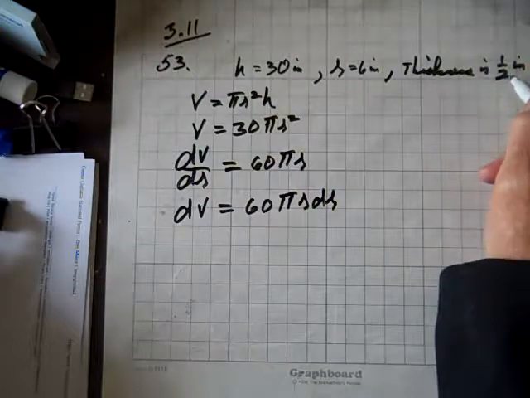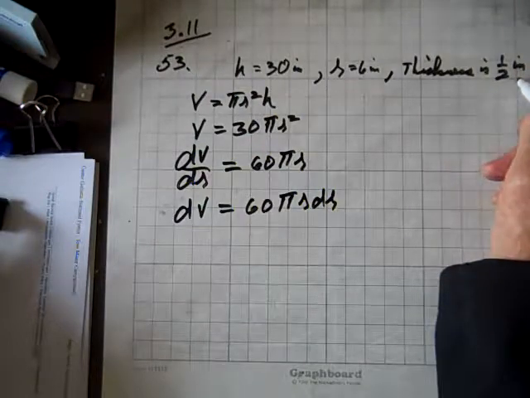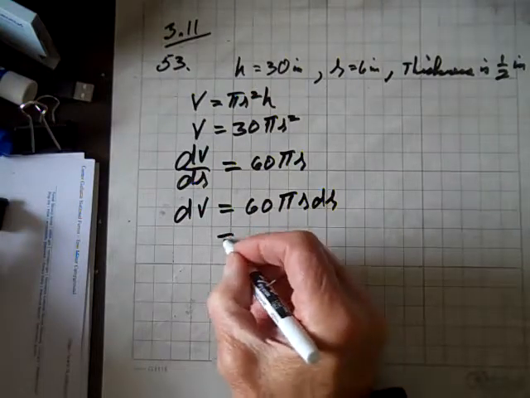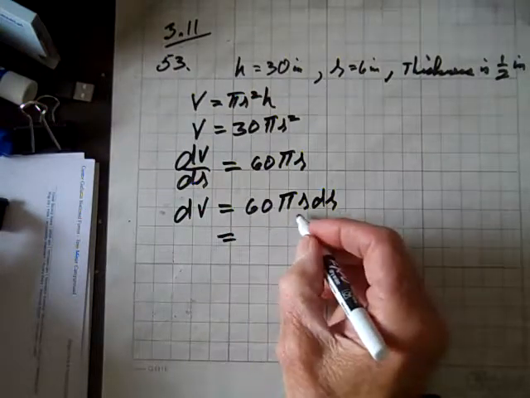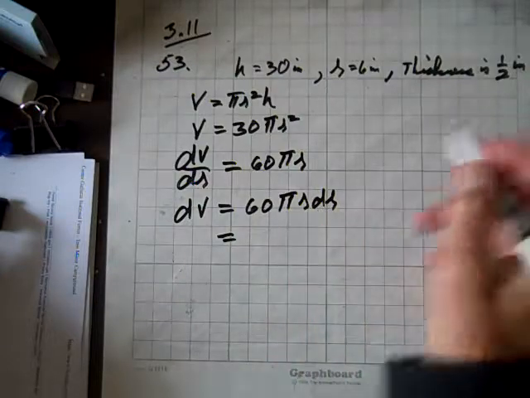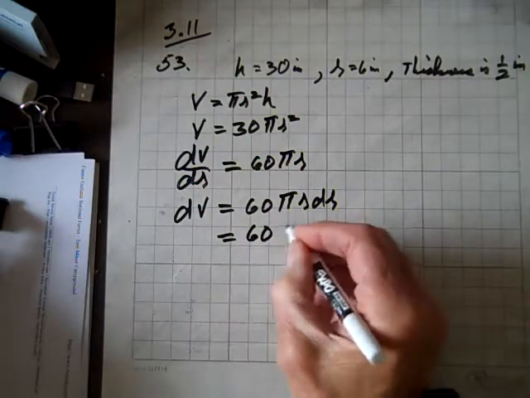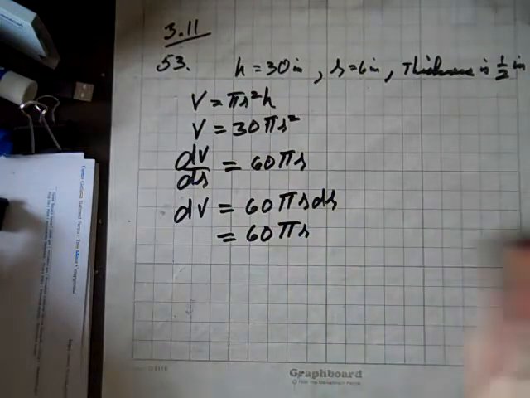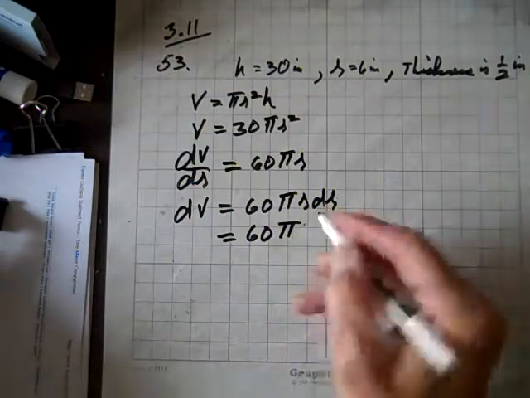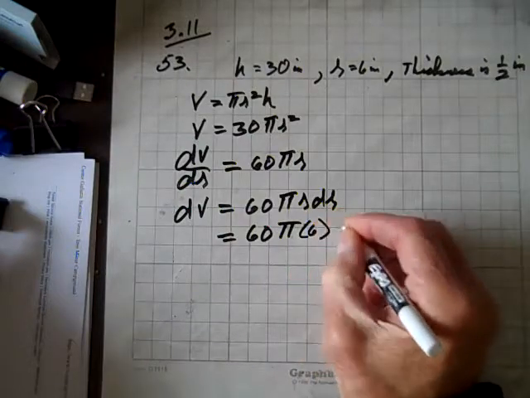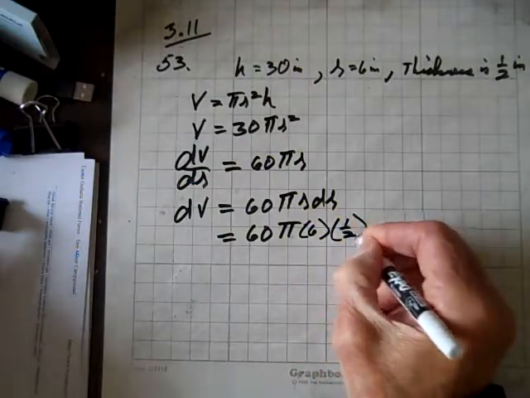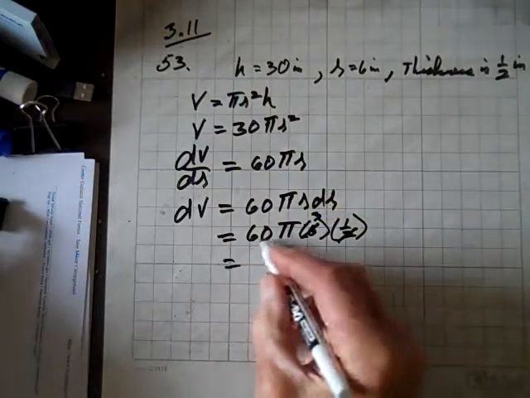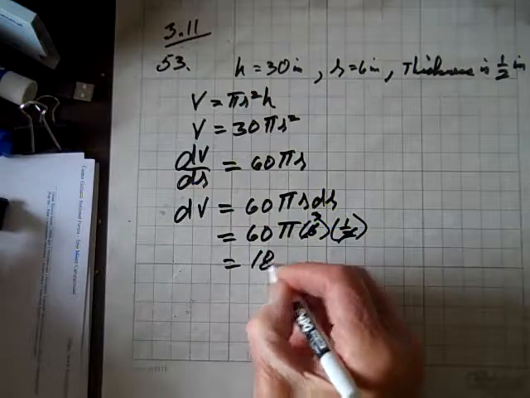Now our thickness is the dr, that's change in r. And so replacing r with 6 and dr with 1/2, we get 60 pi, excuse me, I've got to make that a 6 times 6 times 1/2. Well, 2 goes into 6 3 times, and 3 times 60 is 180.